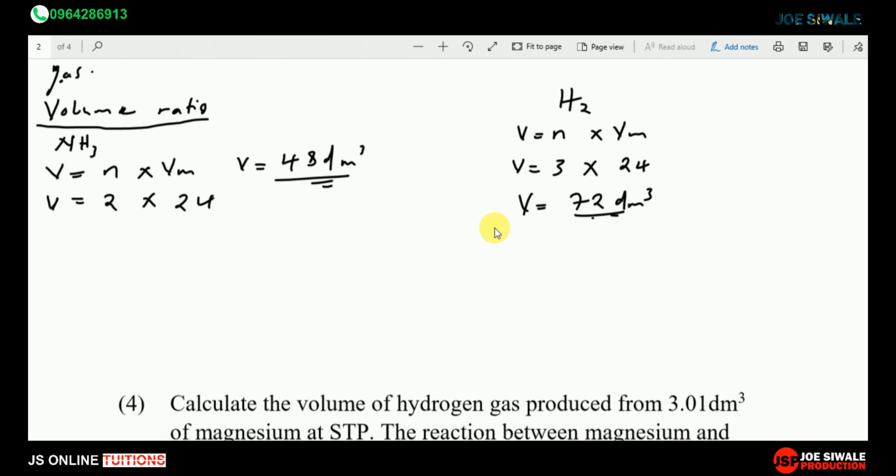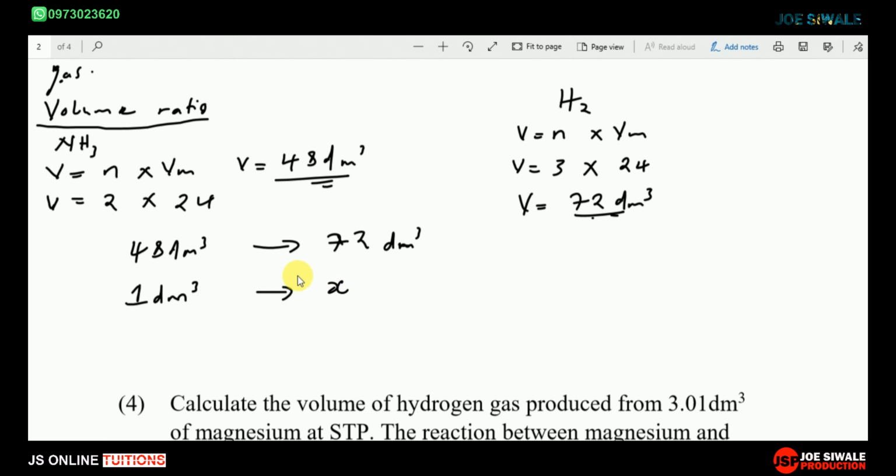So that's the thing that we're going to write down. So we'll say 48 cubic decimeters of ammonia produces 72 cubic decimeters of hydrogen gas. What about 1 cubic decimeter that we have been given in the question?